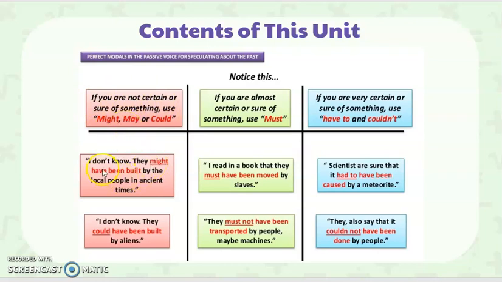Notice the examples. I don't know. They might have been built by the local people in ancient times. You see, we are not certain or sure about the situation. Notice in must: I read in a book that they must have been moved by slaves. Notice?